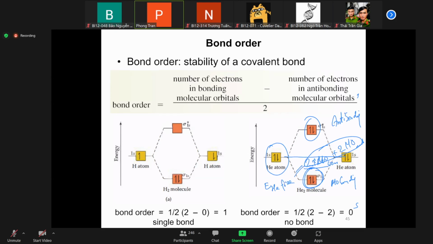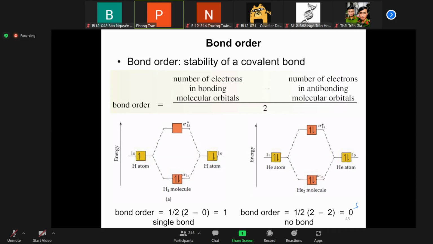So the 2 helium atoms would not form any chemical bond, because through molecular orbital theory we understand that they cannot gain anything in terms of energy, but they lose their freedom. So the process cannot happen. Naturally, they don't prefer that. So now we consider both the electrons in the bonding orbital and the anti-bonding orbital. We have a concept of the bond order.